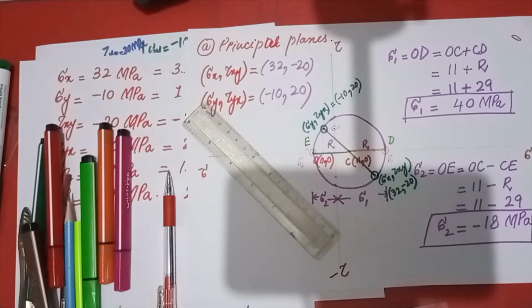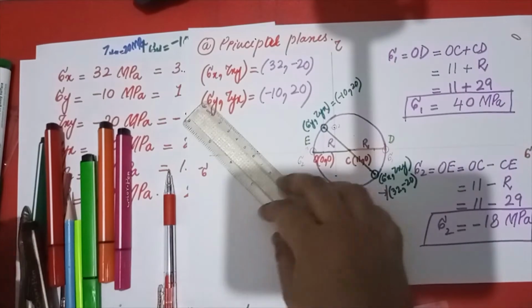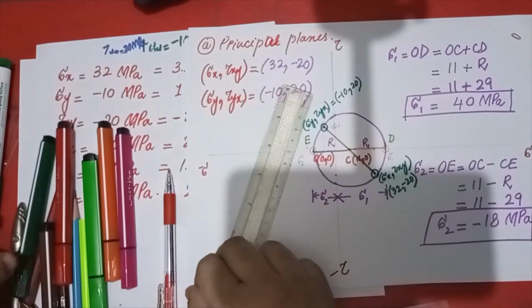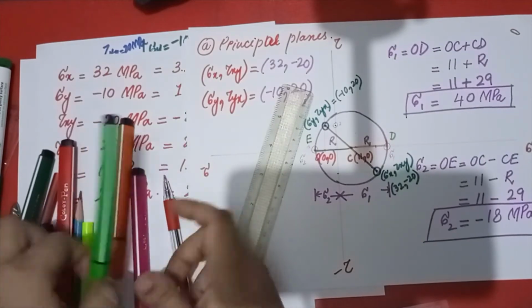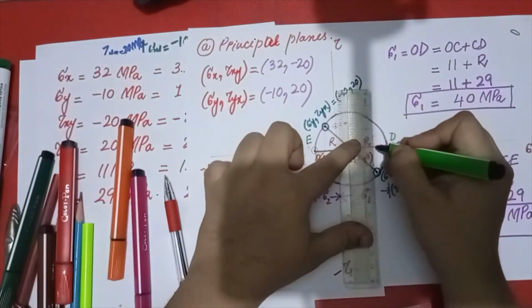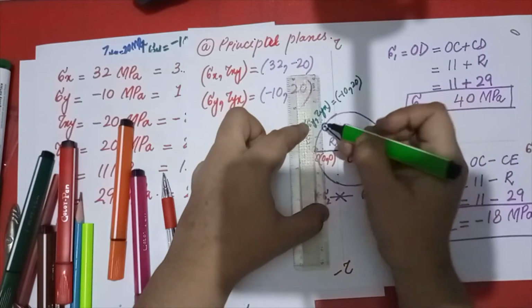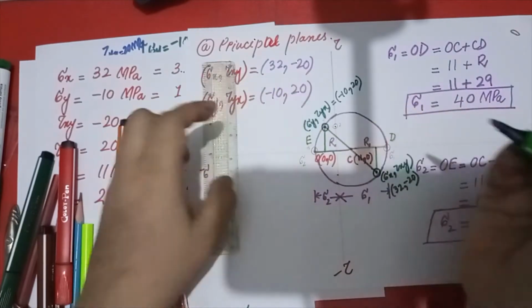And the major issue is that I have to find out the angle. How can I find the angle to get the value? May I measure it, or what do I have to do? So let's have a look here. I have dropped this perpendicular here.